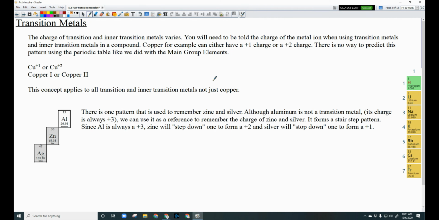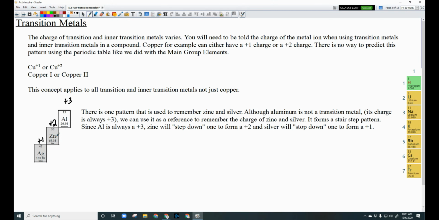Now, there is one small pattern on the periodic table that we use to remember zinc and silver. Zinc and silver never change. Their charge never varies like copper does. So we use aluminum as our anchor. Aluminum is a +3 charge, and it never changes. See how this steps down? It's a stair step. If we step down from +3, this is a +2, and if we step down again, this is a +1.